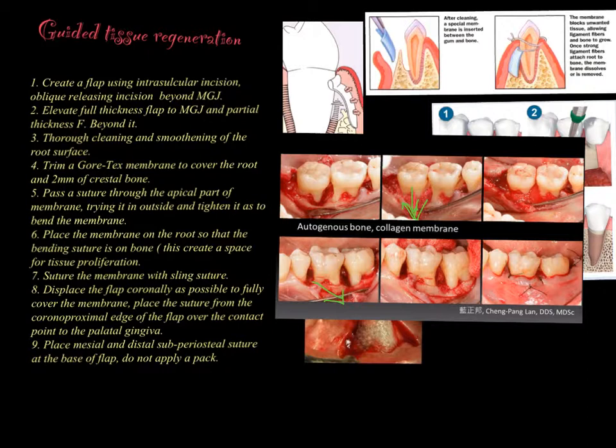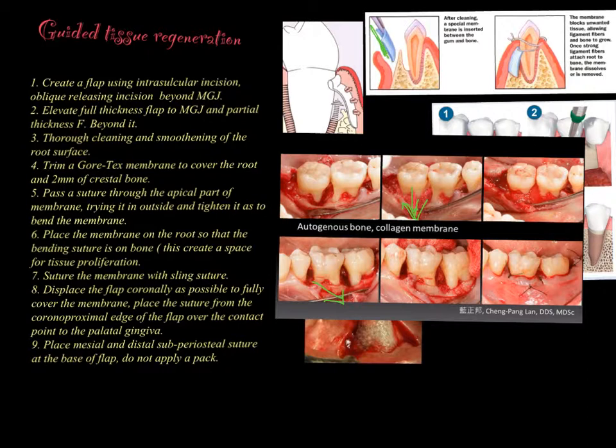As usual, a thorough cleaning and smoothing of the root surface is done. Then we trim a Gore-Tex membrane to cover the root and 2 mm of crestal bone, as you see here.